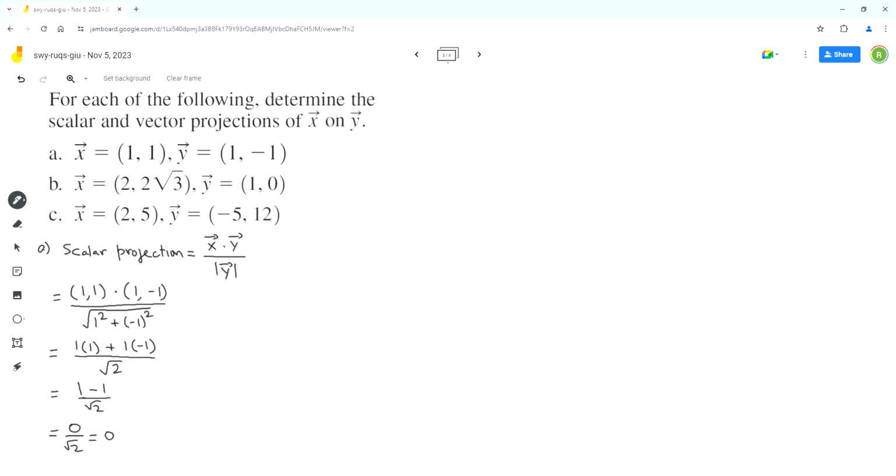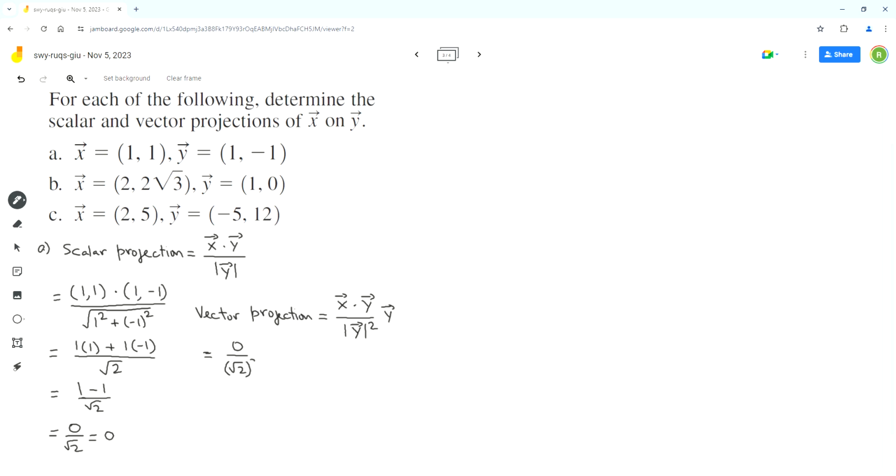Now we can calculate the vector projection. And for that the formula is x dot y over square of magnitude of y times vector y. So we got the dot product in the scalar projection as equal to 0 and the magnitude is equal to square root of 2.